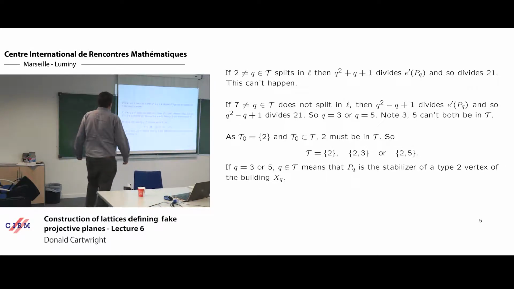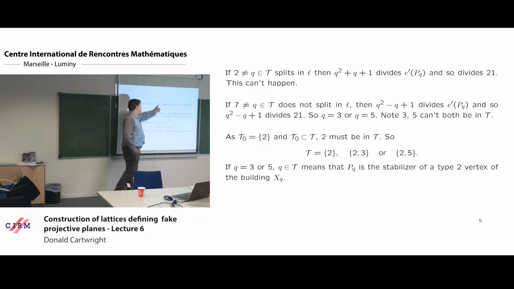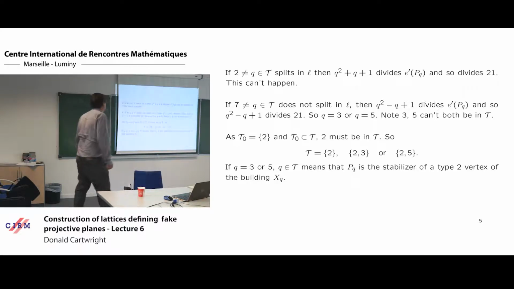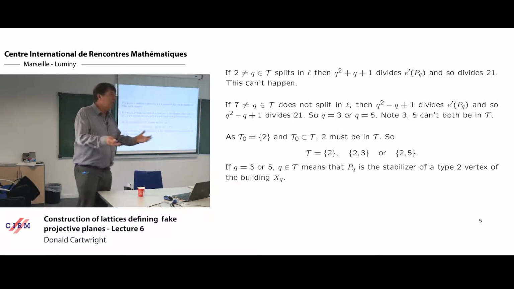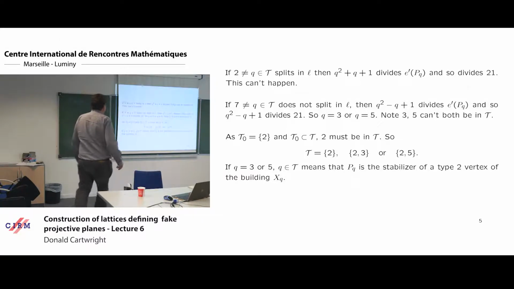If q happens to split and it's in T, that forces q squared plus q plus 1 to divide this, and so it has to divide 21, but that never happens. If q is 2, that's not allowed because that's in T_0. q equals 3, you get the answer 13, and so on. So very quickly you see that this can't happen.